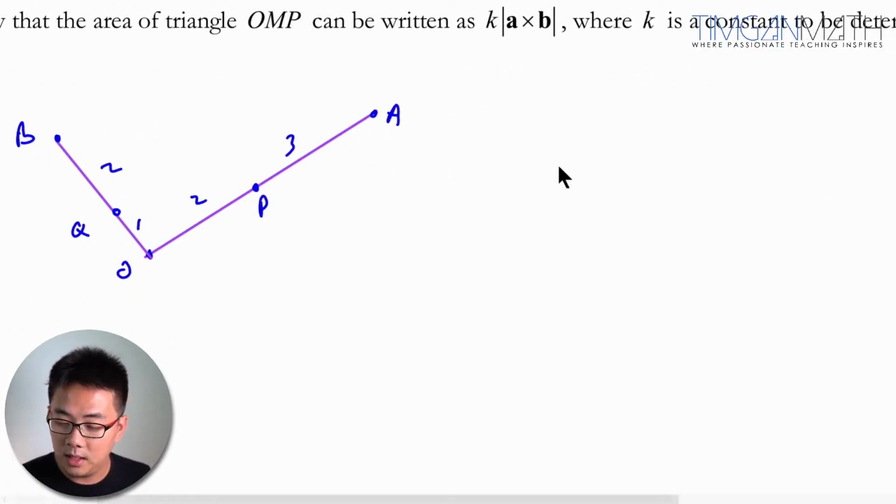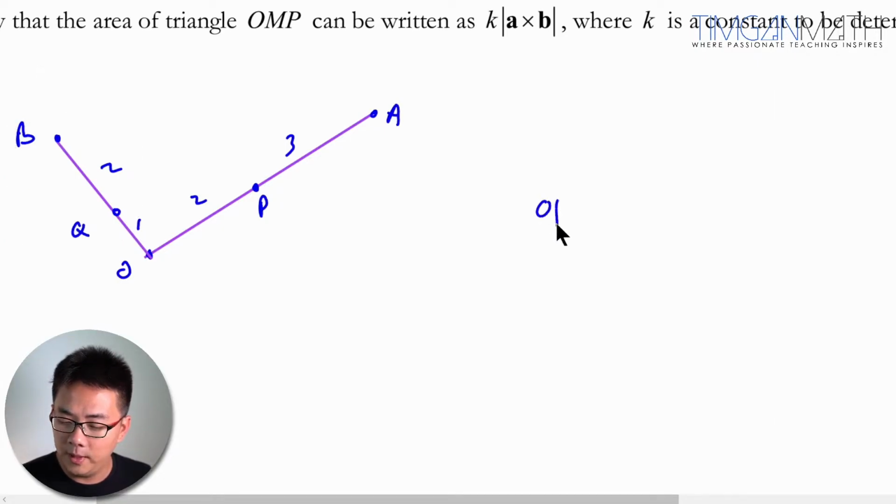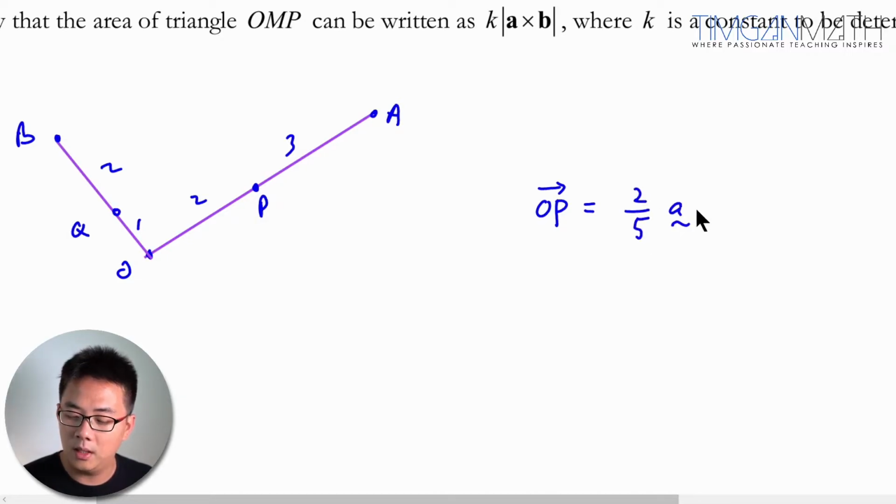So in other words, OP is given by 2/5 of A. And then OQ is given by 1/3 of B, so that's all right.